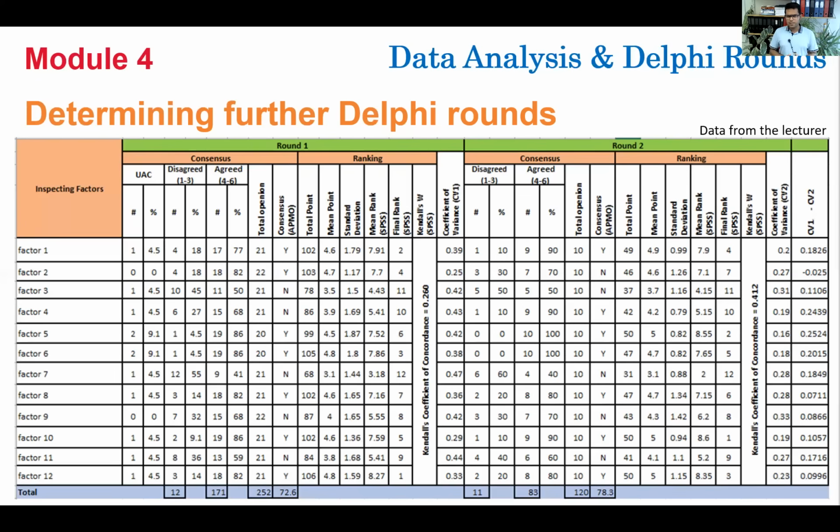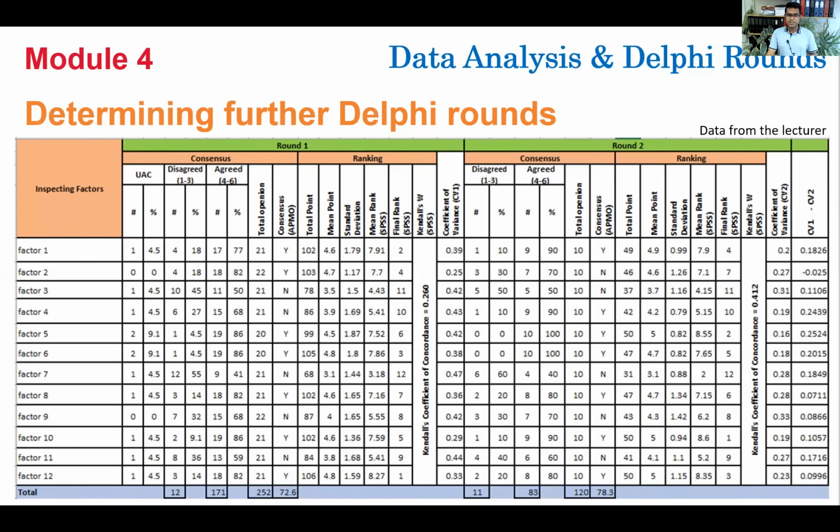To determine whether further rounds should be conducted, the researchers additionally compared the CV values from both rounds and identified a marginal CV difference, around 0.25 maximum for one case only. Others are less than that.